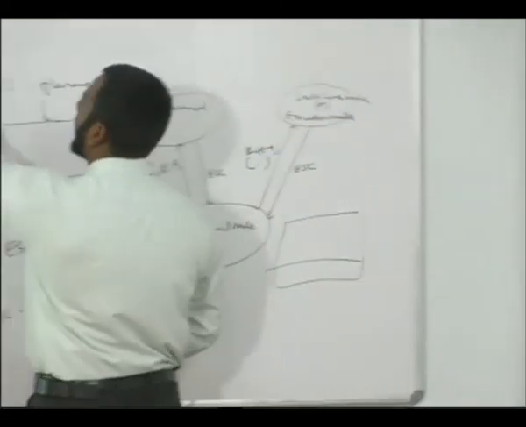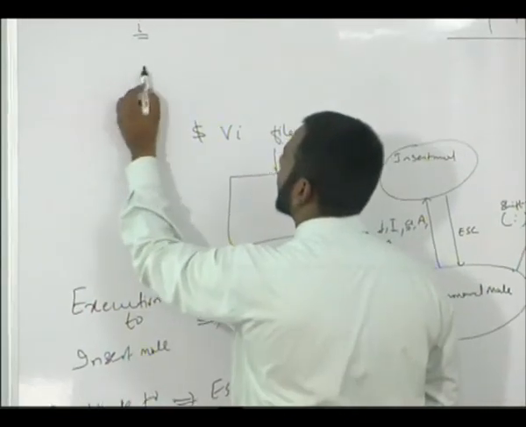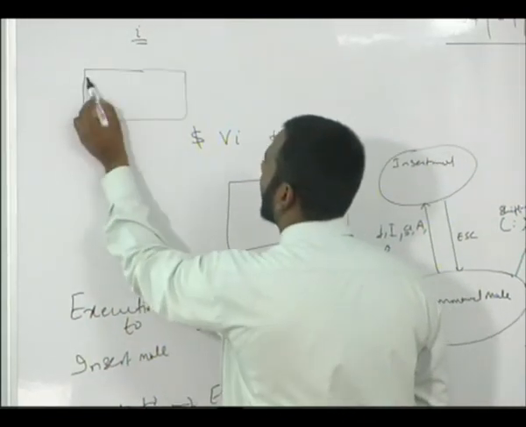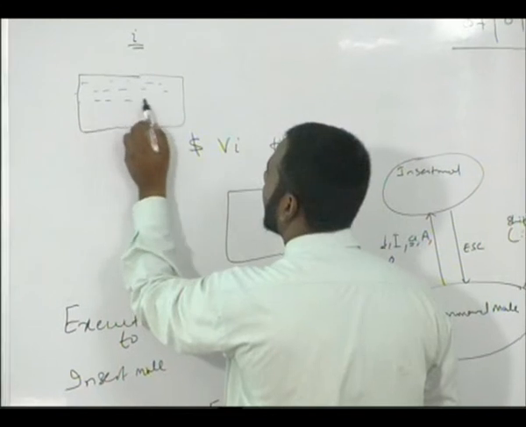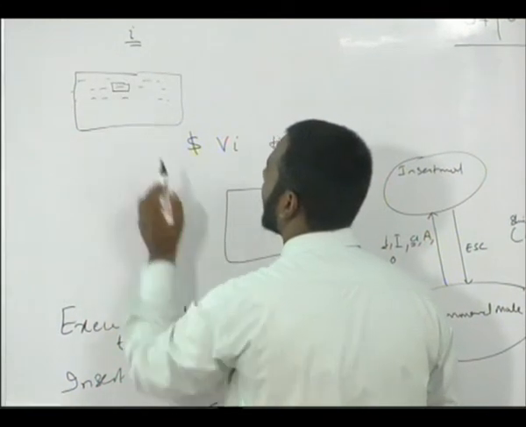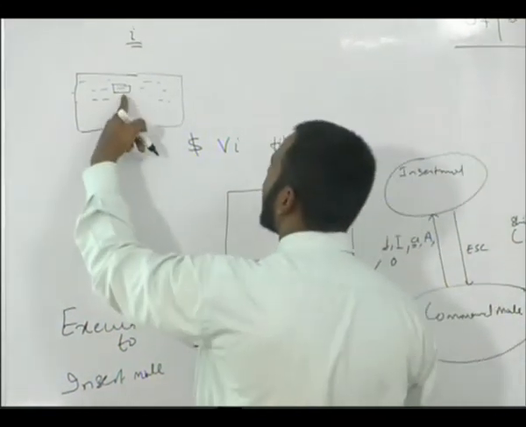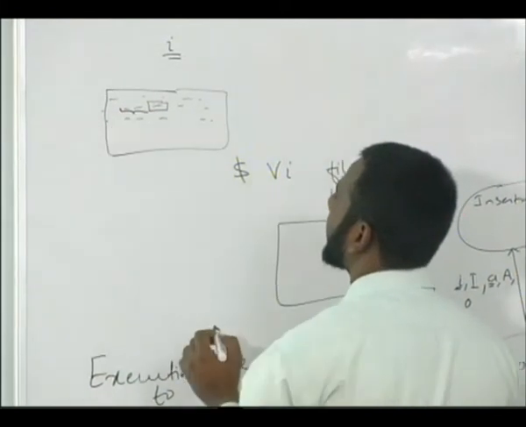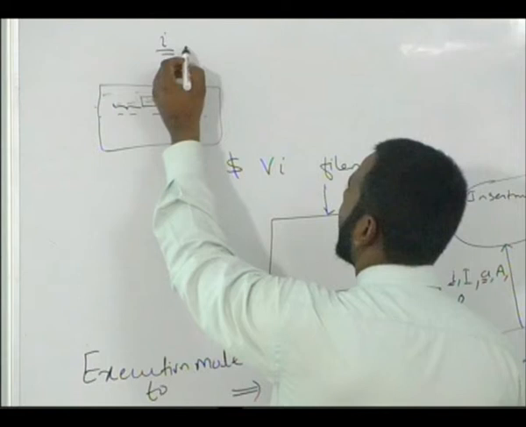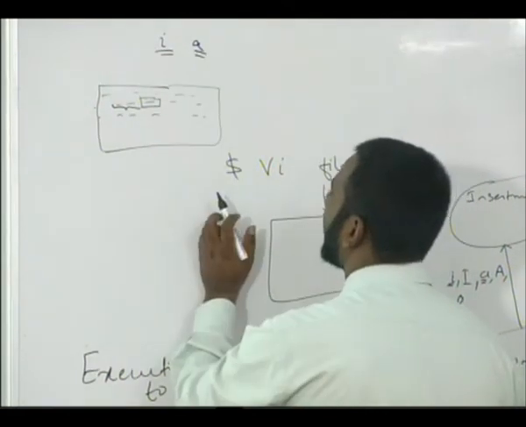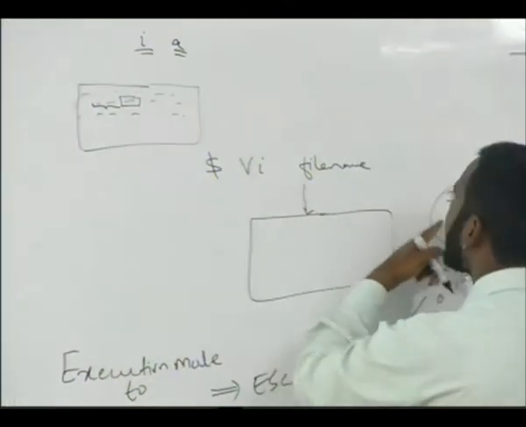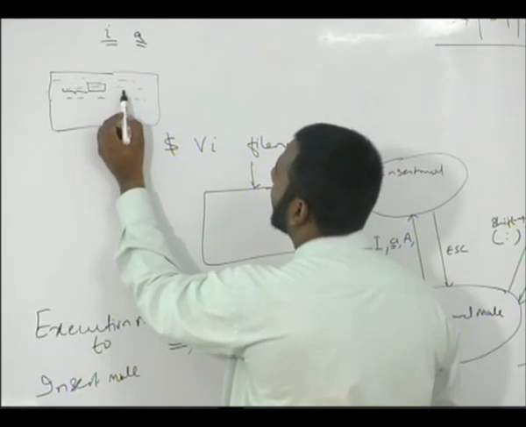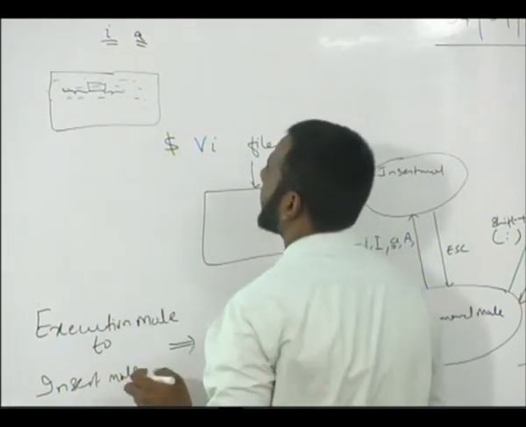Also, we have seen how I is used. Suppose I have this screen with the contents of a file, and my current cursor is here. When we use insert, it inserts all the characters before the cursor position, and A, which is called append, also takes you to insert mode, but all the contents will be placed after the cursor.